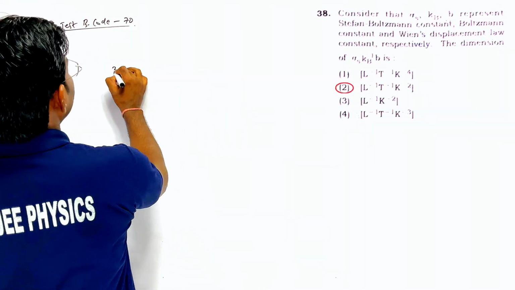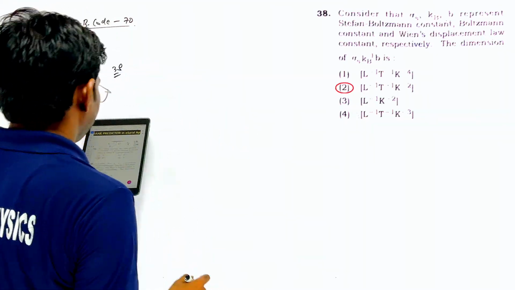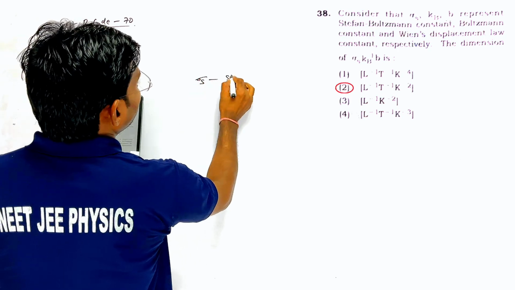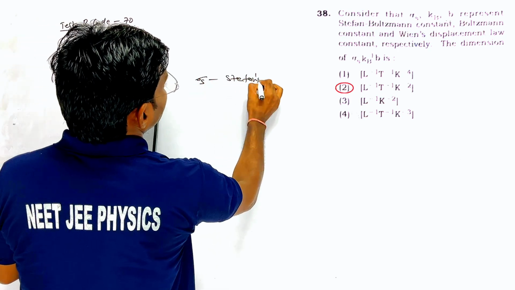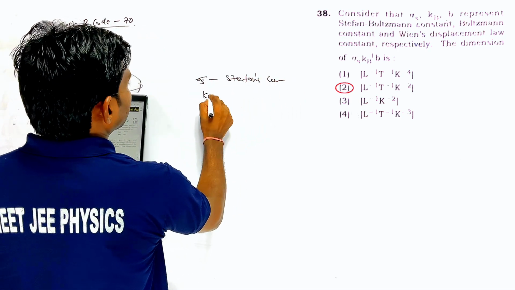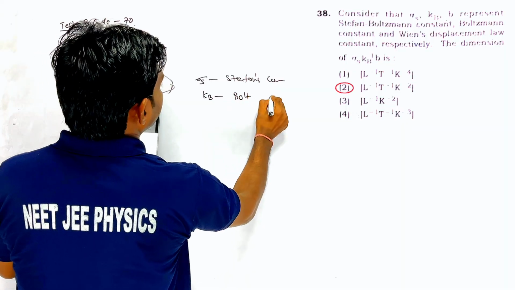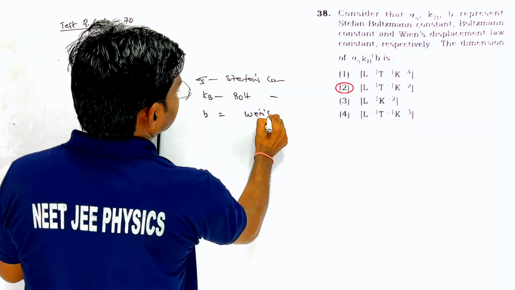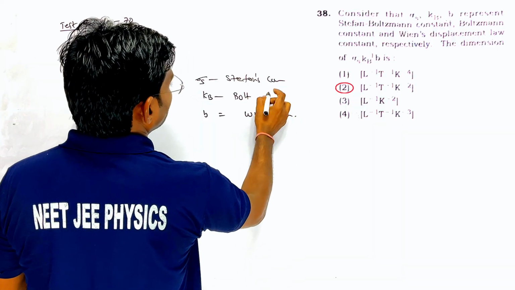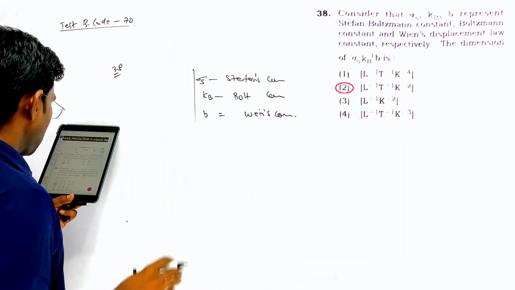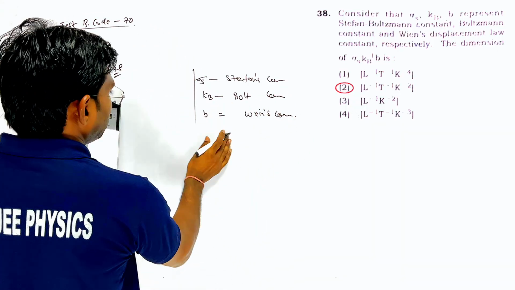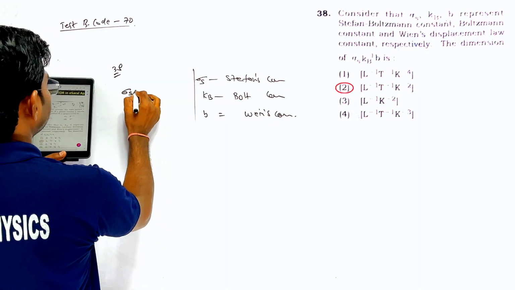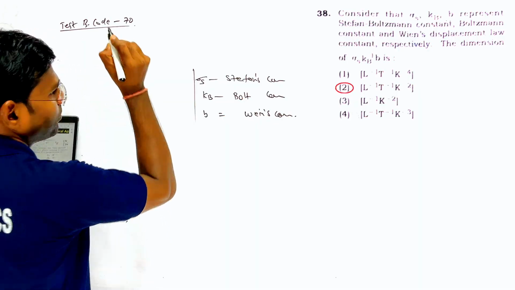So read question number 38. The dimension, right? Sigma s, the Stefan constant, Kb, the Boltzmann constant, and b, the Wien's constant. Listen to one thing, you have to find the dimension of sigma s b upon Kb.